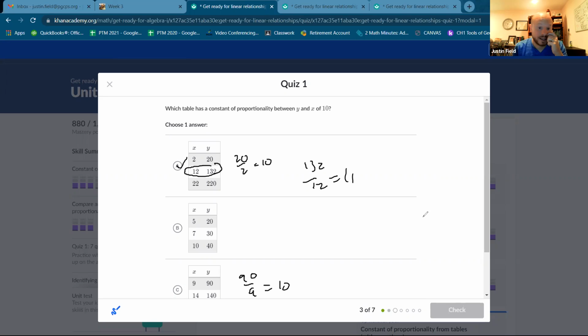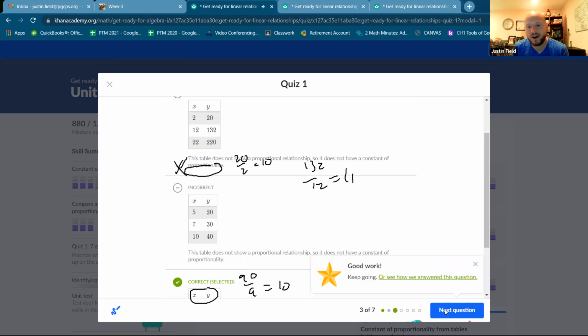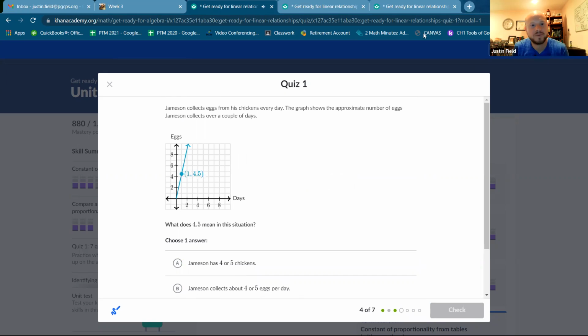So it is not A because not all the X and Y's are 10. C is looking more promising, so let's scroll down. 14 over 40, that's 10, and that's 10, so it's C. All right, feel good now.